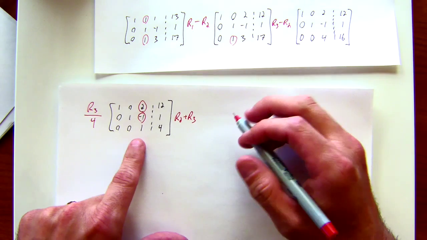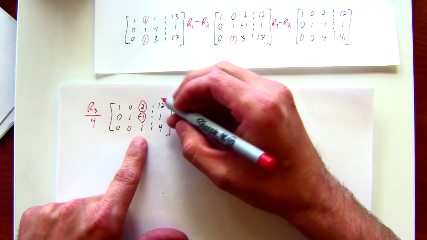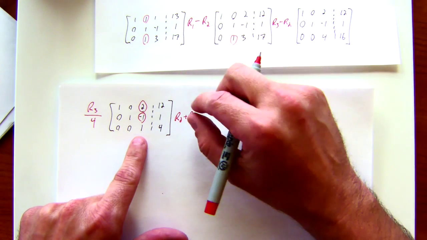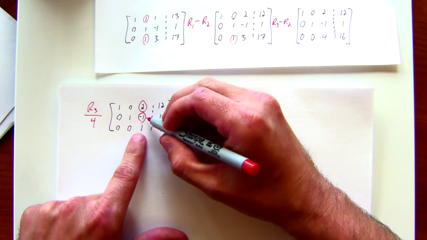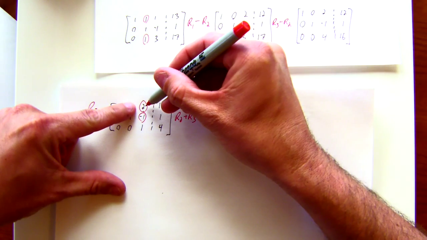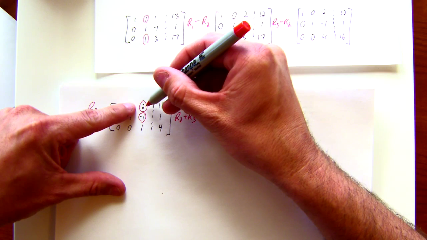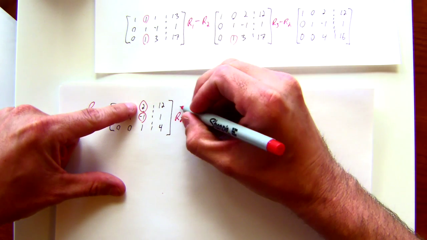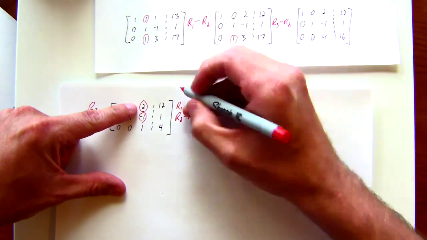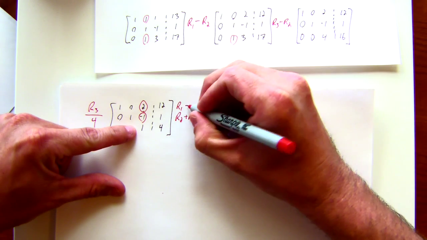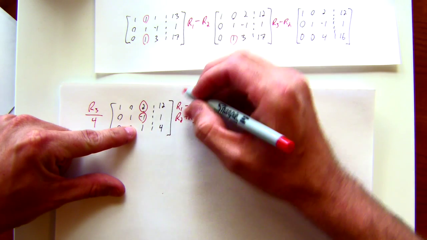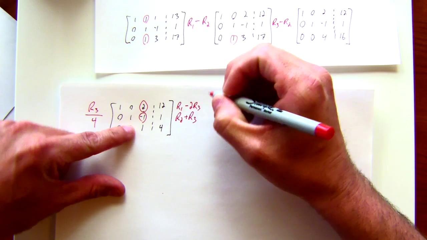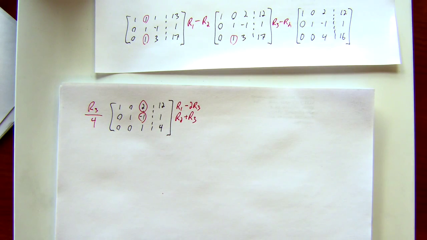Now, if you would allow me, I'm also going to take the 2 steps in 1 here. The other thing I want to do is make this 2 turn into a 0. So to do that, I'm going to take row 1 and subtract 2 multiples of row 3. So I'm going to do 2 different rows in the same step. Okay.